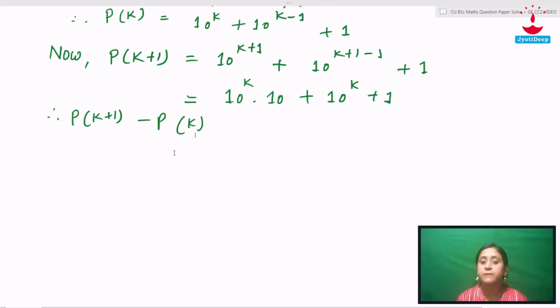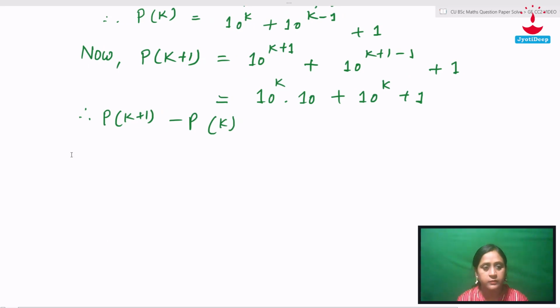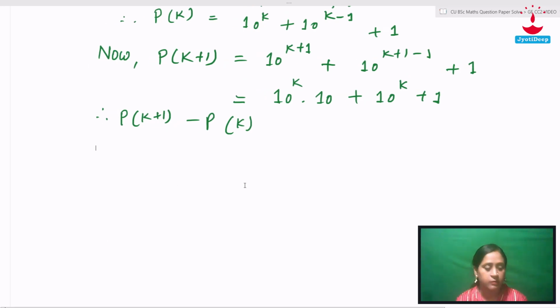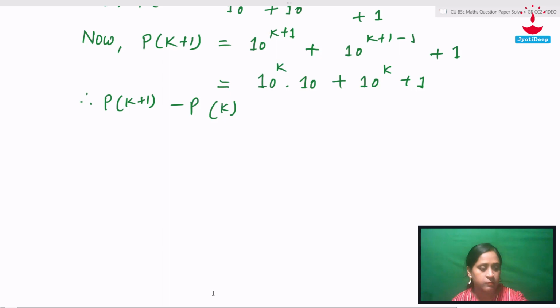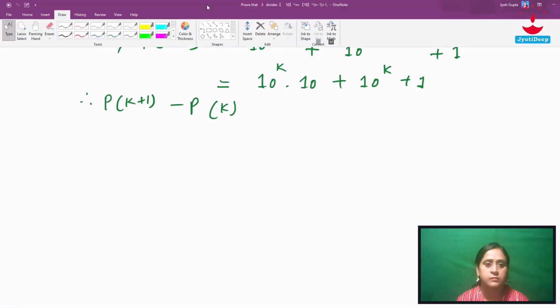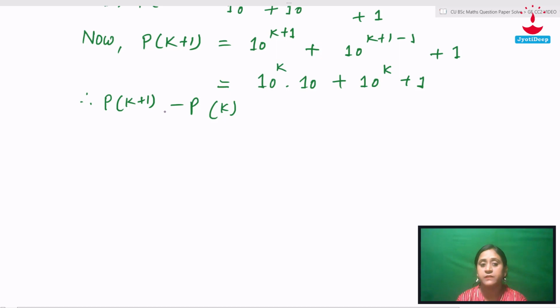So Pk plus 1 minus Pk is equals to, you can write 10 to the power k into 10 plus 10 to the power k plus 1 minus Pk.